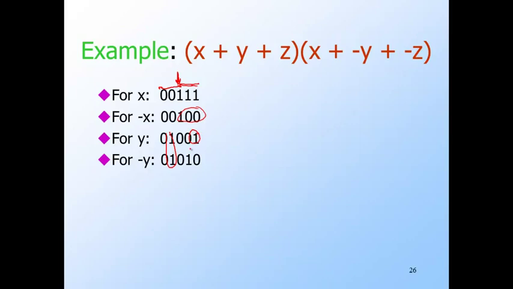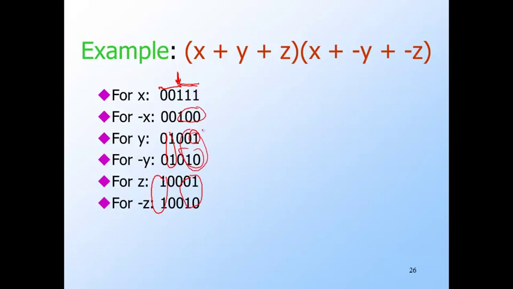These digits are switched for the literal not y, because not y makes the second clause true but not the first. And here are the integers for z. In the 3 high order positions, they each have 1 in the highest position, like that. Like y, z makes the first but not the second clause true, so the 2 low order positions look like the previous 2 integers. That is, these are like those.